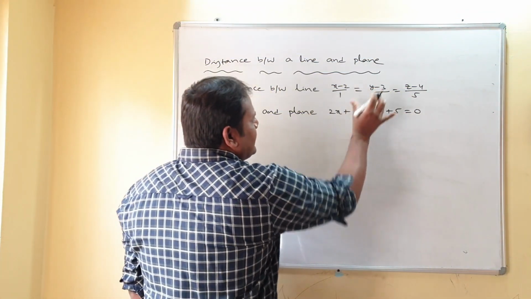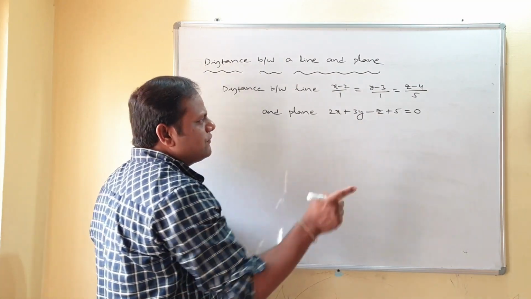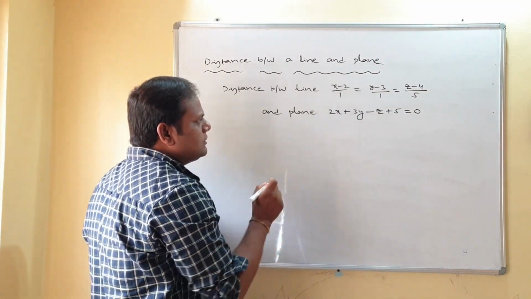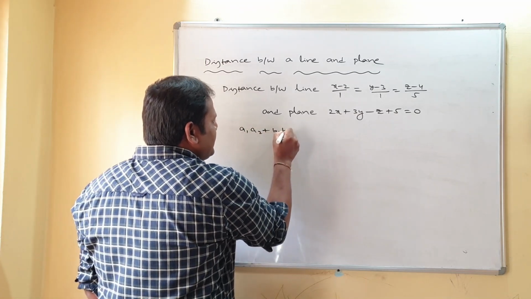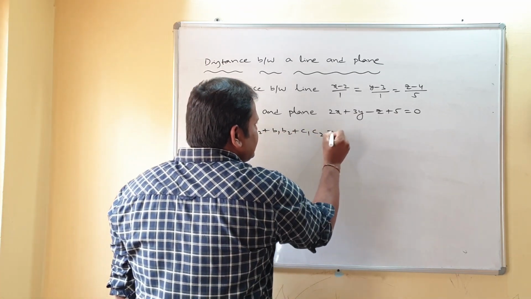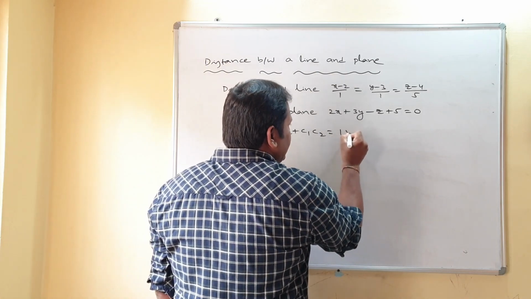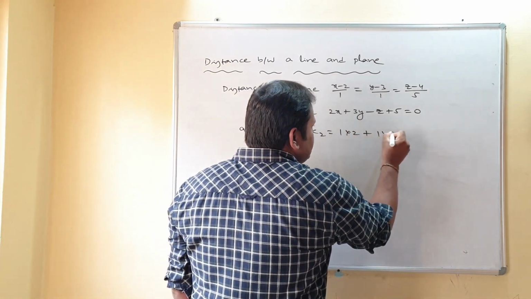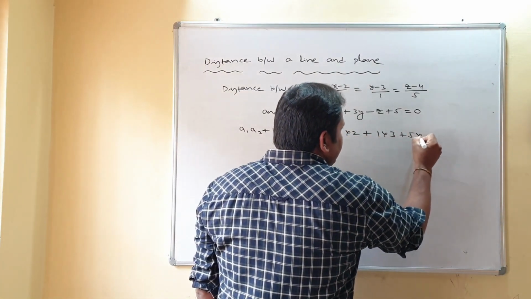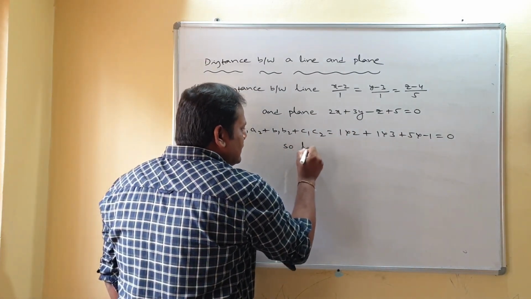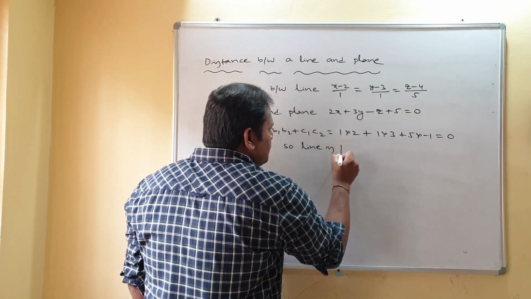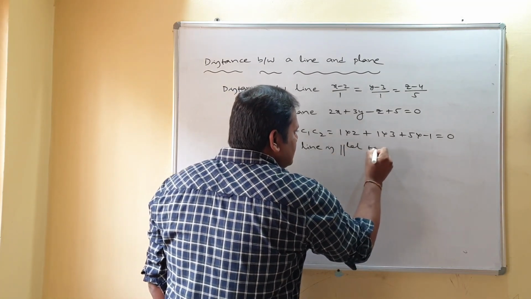See here, a line and plane are given. First you check whether they are parallel or not. So condition a1 a2 plus b1 b2 plus c1 c2: it is 1 into 2, 1 into 3, 5 into minus 1. Yes, it is 0. So the line is parallel to plane.